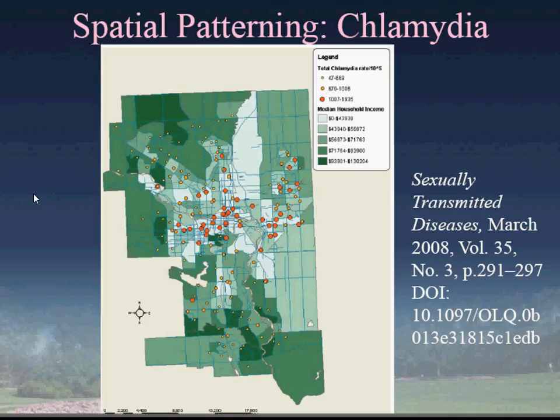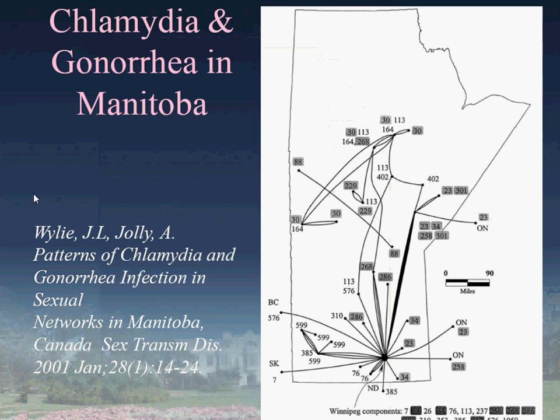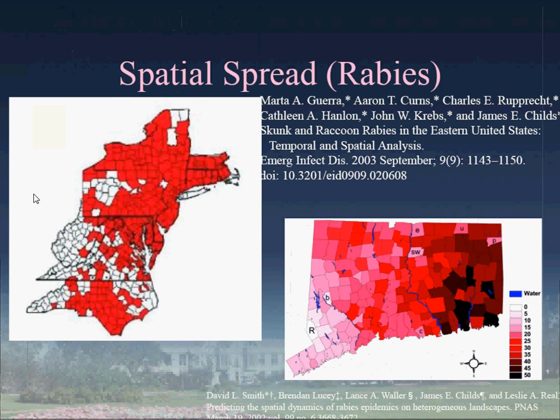We see for infectious disease as well as chronic disease, spatial patterning that's very pronounced. For example, for chlamydia, within the context of Canadian cities here in Manitoba, the spread of networks, the spatial spread of zoonoses like rabies.